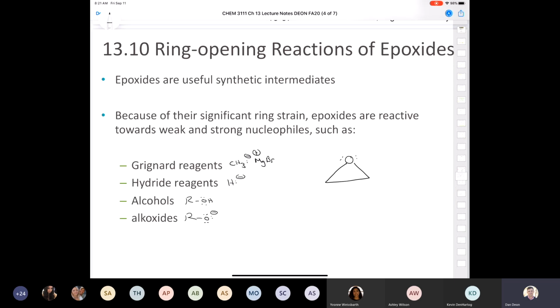So it says here, acidic conditions can also be used to open epoxides with a weak nucleophile, okay? What's a weak nucleophile? Water or an alcohol. Those are the weak nucleophiles, okay? All right, and what's an acid? Well, HCl or HBr, these are acids.